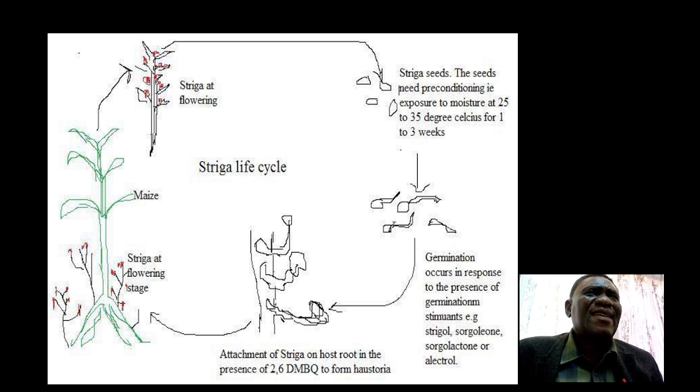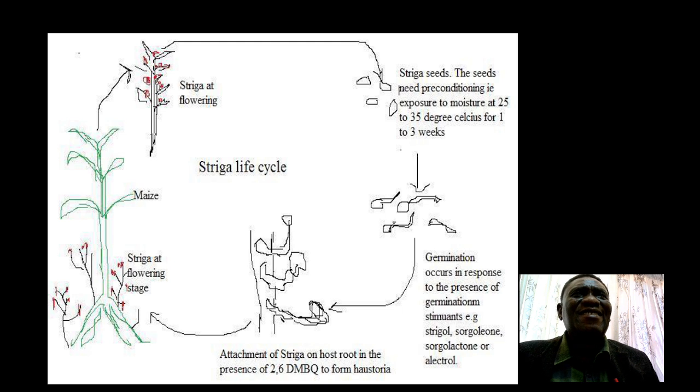Now, at this stage, after attachment, the parasite can stay for a month underground, only to emerge later. And it is during this period when it does most of the damage. And the farmer cannot see it. So mechanical methods cannot be useful here.